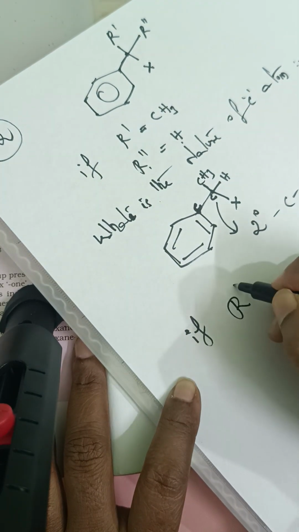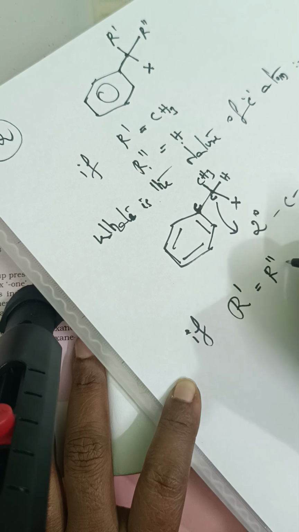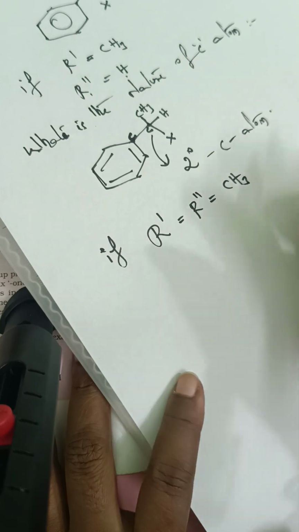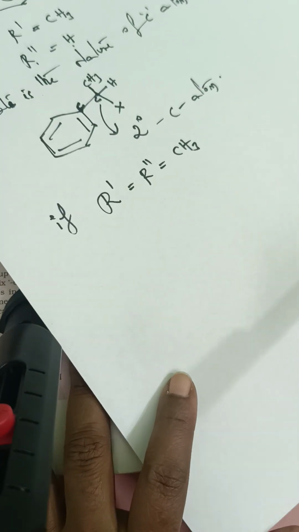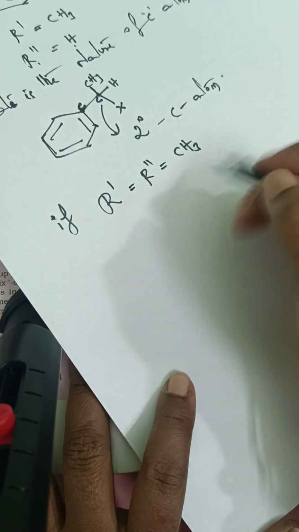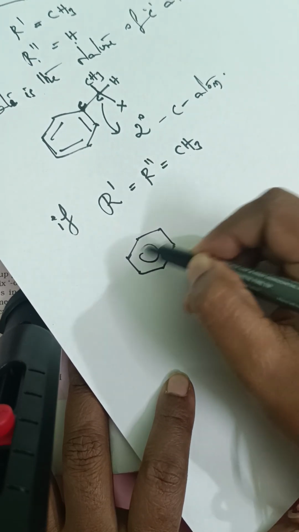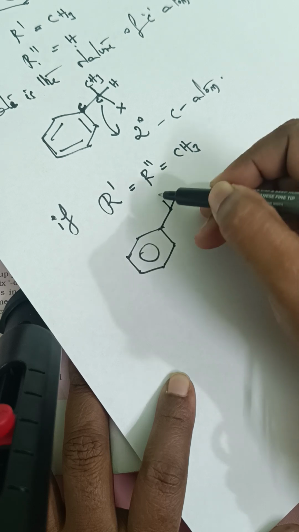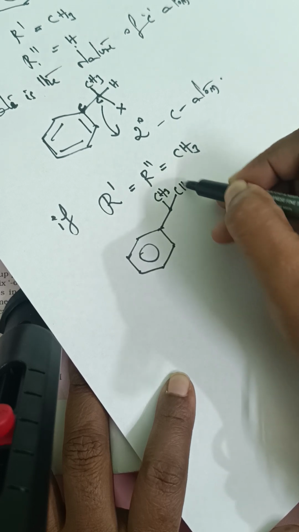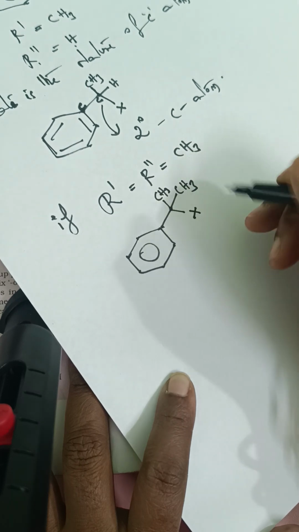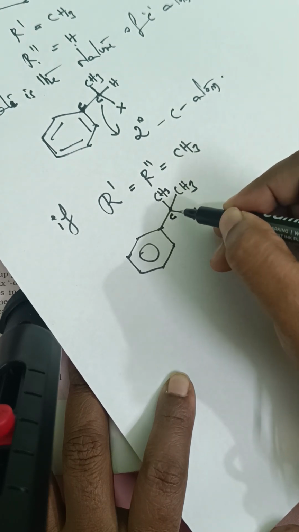If R1 and R2 both are methyl groups, what will be the nature of the carbon atom? I am substituting the groups here. R dash is methyl, R double dash is also methyl, and here X. This is the carbon.